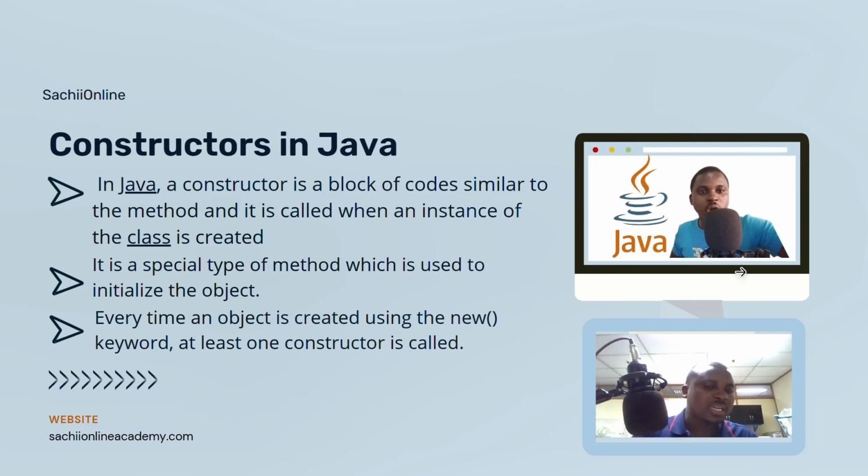The constructor itself, remember, is a method, just like the main method that we have seen. It's a method, only that it is going to be called whenever the object is being created with the new keyword. It is a special type of method which is used to initialize the objects.